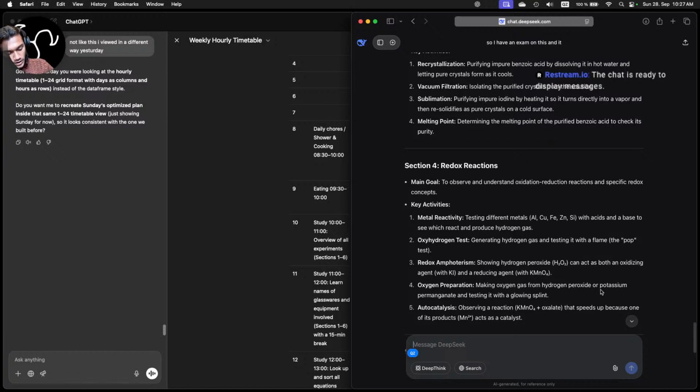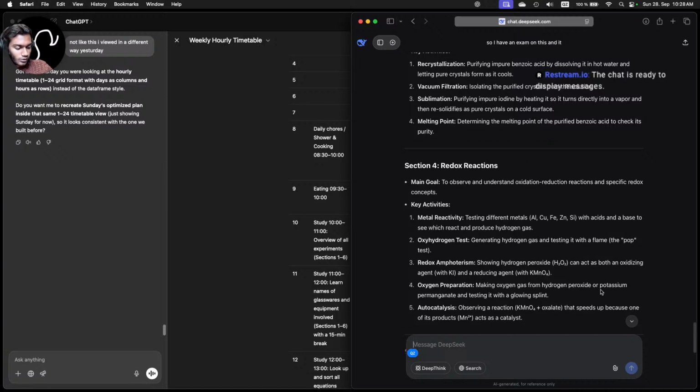Reactivity, metal reactivity. Testing different metals with acids and bases to see which react to produce hydrogen gas. Oh, it's iron, aluminium, copper, zinc.